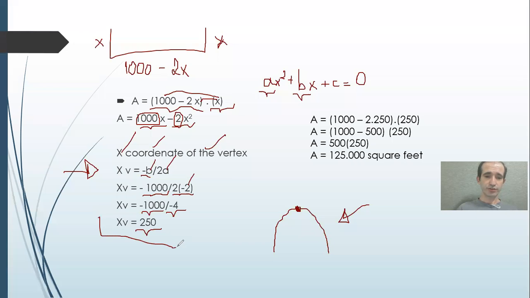This x coordinate gives us the maximum area because it is on the top of the parabola, all right? But the problem asks us not just for the x coordinate. The problem asks us to find the maximum area. We can think about this area.